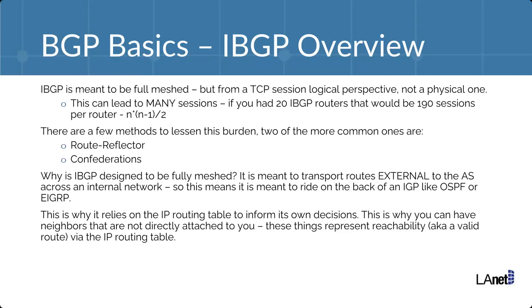And so IBGP was meant to run on the back of an IGP such as OSPF. This is why IBGP is often considered the more complex of the two sub-protocols, because it's really meant to run with an IGP hand in hand. And this is why we do things like I mentioned, like you have to have reachability via a valid route, for example. And we'll take a look at that in a few slides.